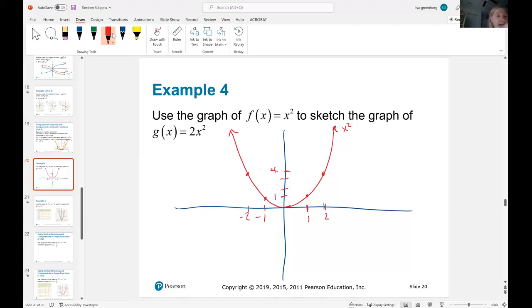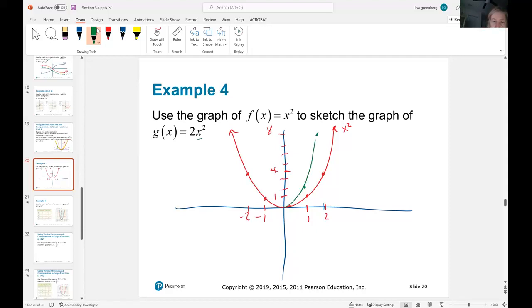Now, when I go to multiply it by 2, when x is 1, x squared is still 1, but we're multiplying it by 2, so it's here. When x is 2, we plug it in, and we get 4 times 2 is 8. So now that next point is up here at 2, 8.